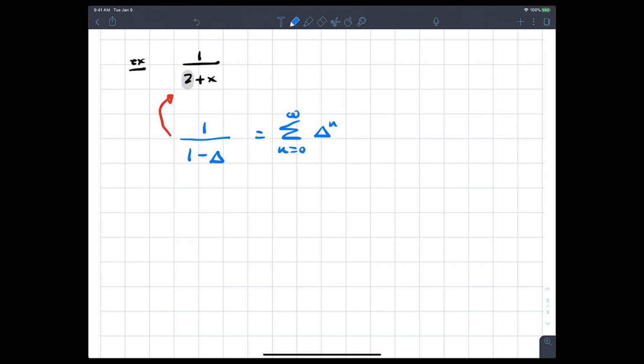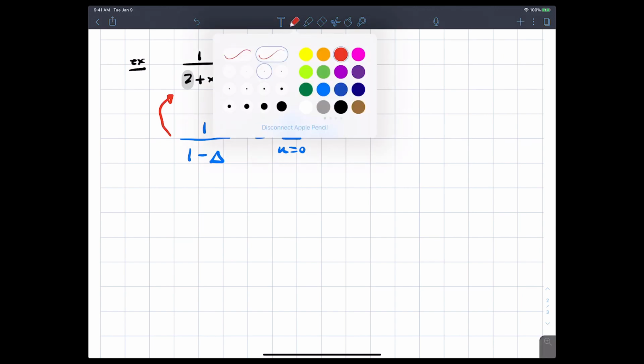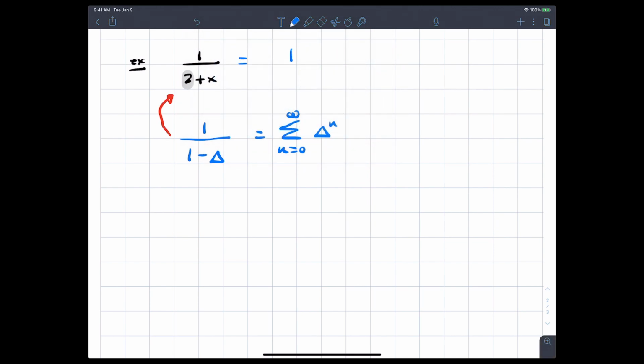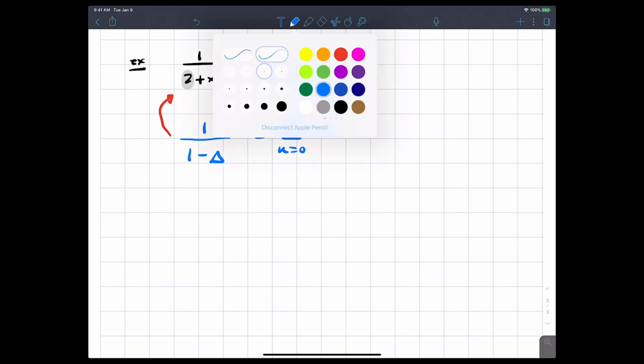So what we're going to do here is we're going to factor out the 2. And you say, how do you factor out the 2? Well, you're going to have 2 now times 1 plus x over 2. So make that 2 a 1. This is what we just did, and we factored out the 2.